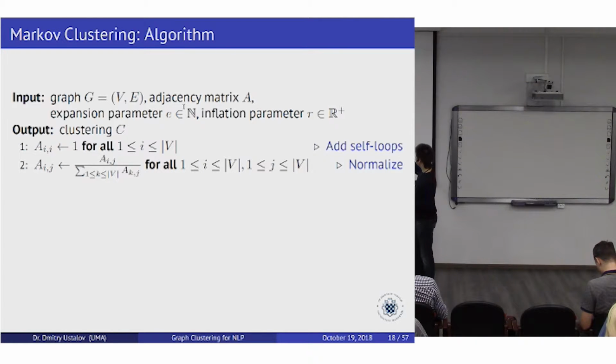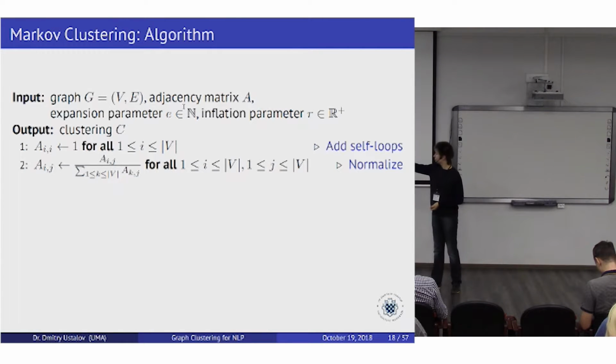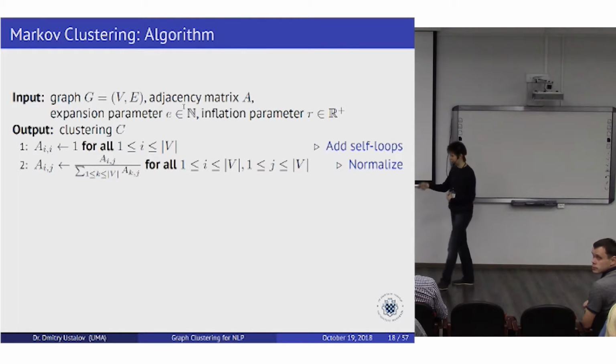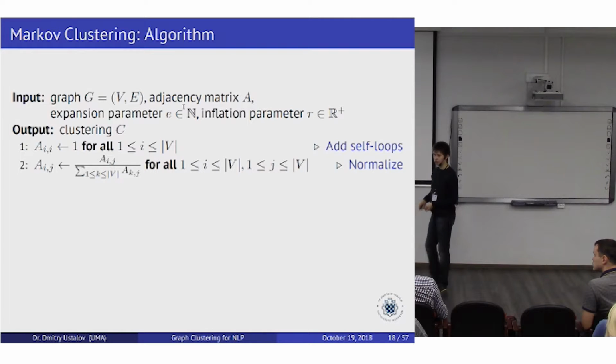Then, there is a very common step, normalize. Don't be afraid of this notation. It's just for the sake of clarity. What it does, it takes a column of the matrix and makes its sum no more than 1 by dividing by the sum of this column. Very simple operation, so just divide by the sum.